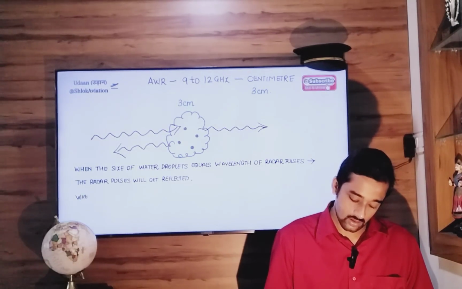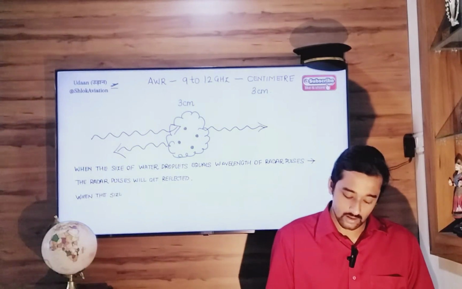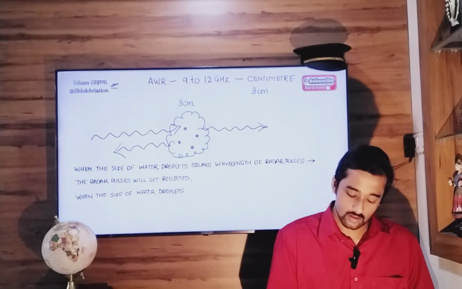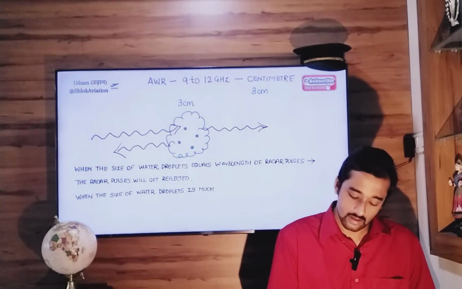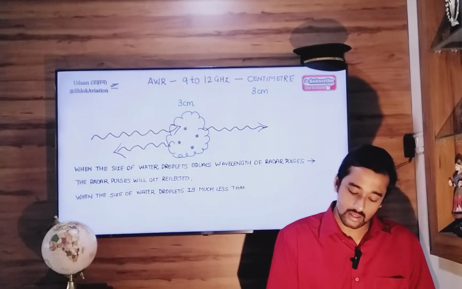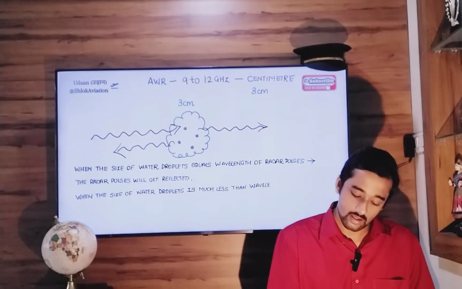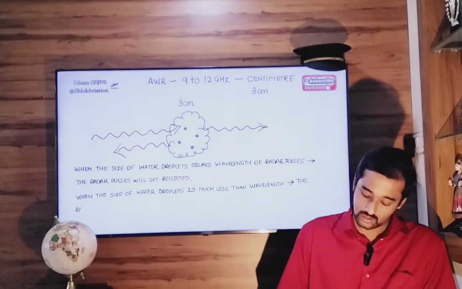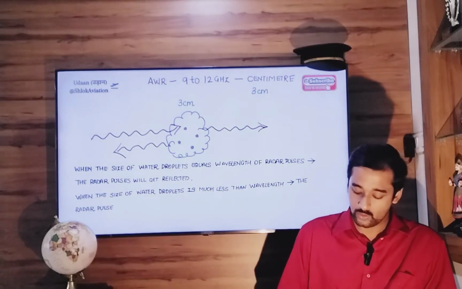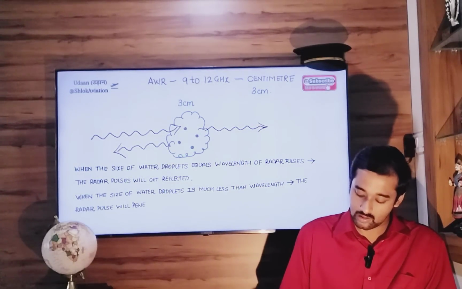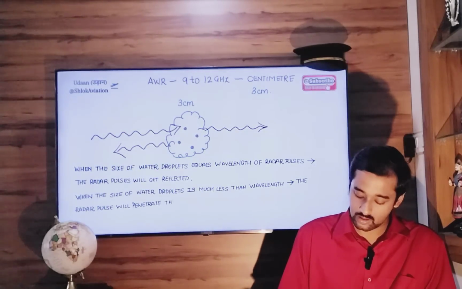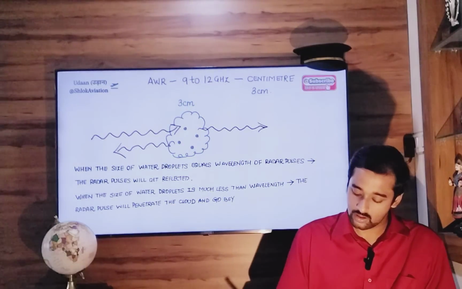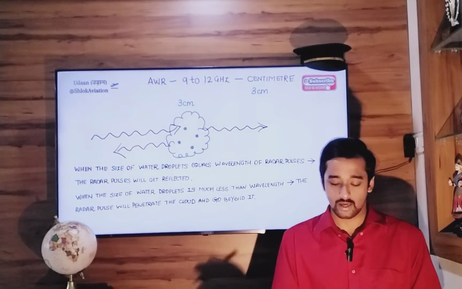When the size of water droplets is much less than the wavelength, the radar signal or radar pulse will penetrate the cloud and go beyond it. Okay, next.